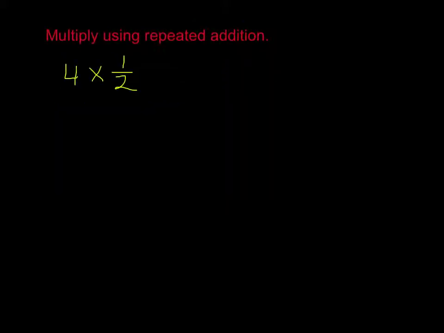On our next slide here, we're going to multiply using repeated addition. Now, repeated addition is the exact same thing as multiplication. 4 times 1/2 could be written, using repeated addition, as 1/2 plus 1/2 plus 1/2 plus 1/2.